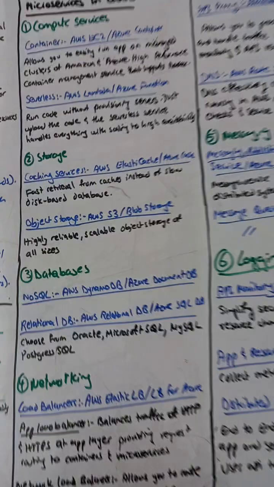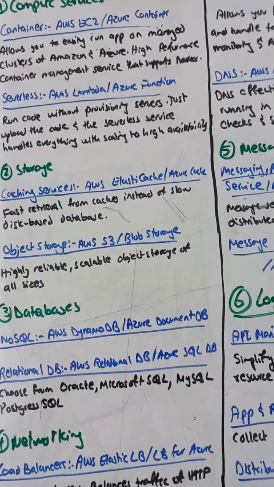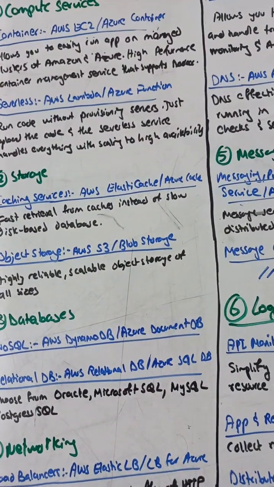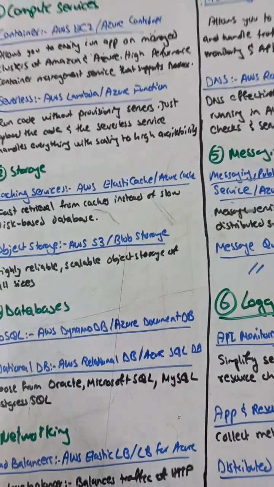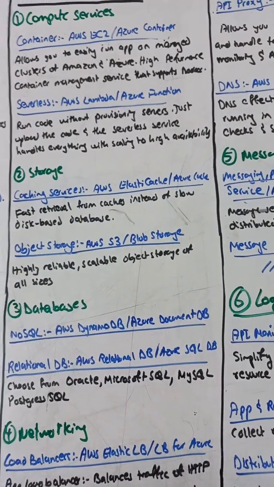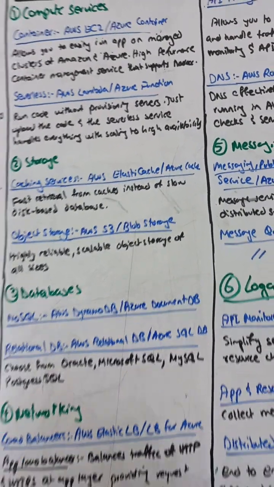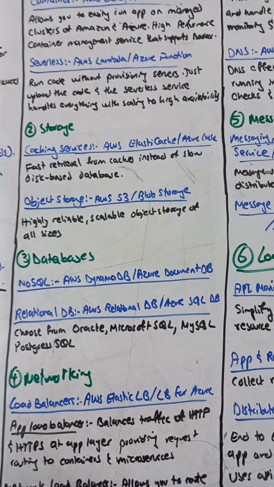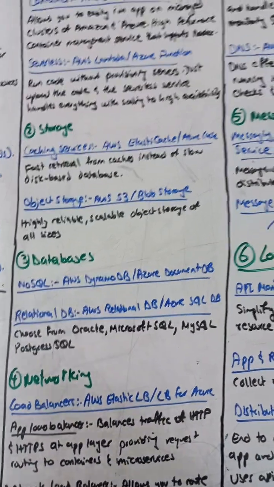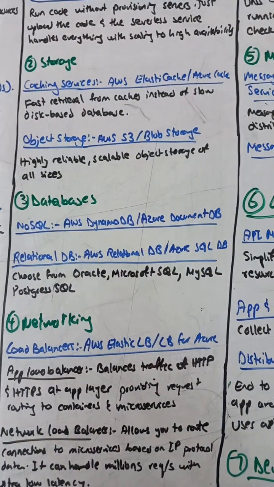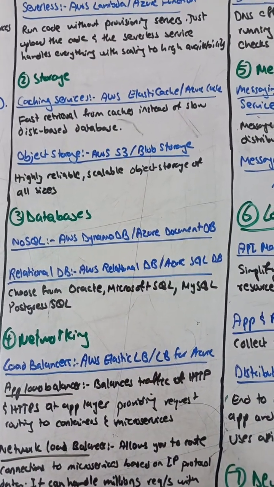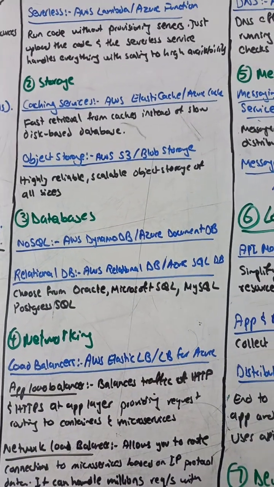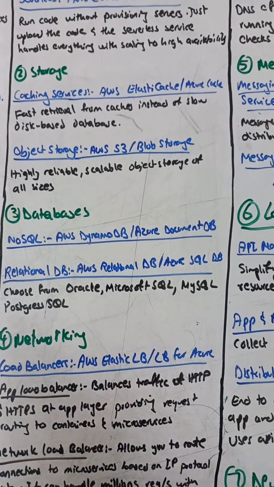So for compute services, if it's container, you're going to be using AWS Elastic Container Service and Azure Container. For serverless, that is going to be AWS Lambda and Azure Functions. For caching, that's going to be AWS ElastiCache and Azure Cache. Object storage is going to be Azure Blob Storage and AWS S3.